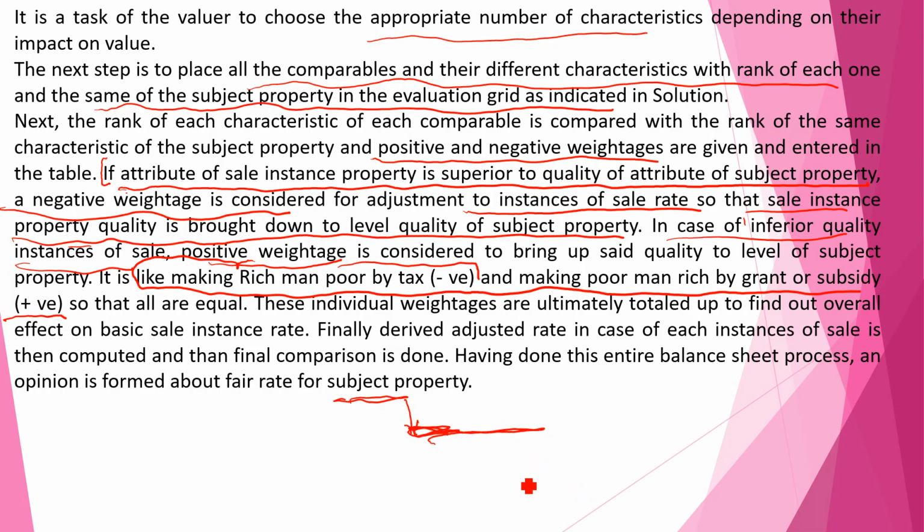Likewise, if the attribute is at a lower level, then we will try to bring it to our subject property level. So this is what we have to do, making the rich poor by taxing and the poor rich by subsidy. We can say positive weightage here, and here we will be applying negative weightage. This thing is very important in this topic.